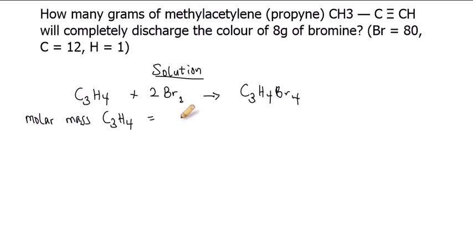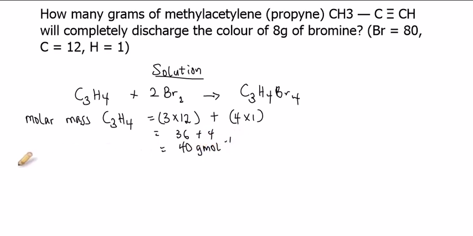The atomic mass of carbon is 12, and we have 3 atoms present, so that will be 3 times 12, plus the atomic mass of hydrogen, which is 1, and we have 4 atoms present, so 4 times 1. This gives 36 plus 4, which is equivalent to 40 grams per mole.